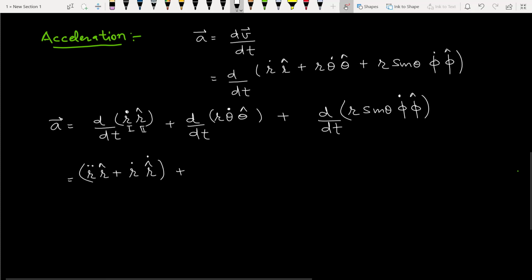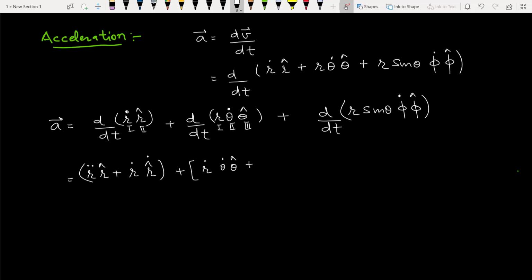Here are three terms, 1, 2, 3. Derivative of first function r, it will be r dot. Next two terms are same.